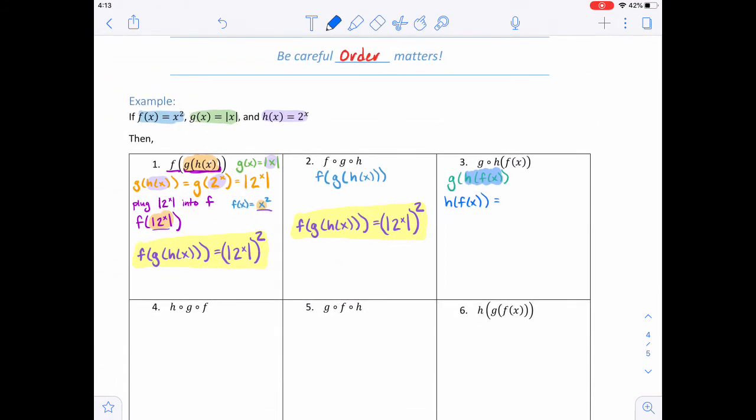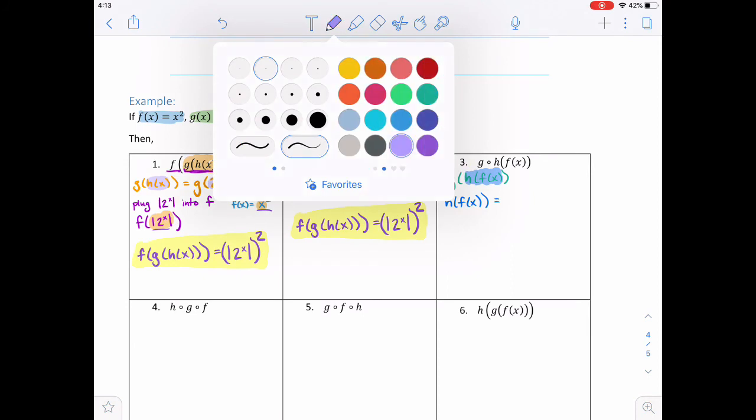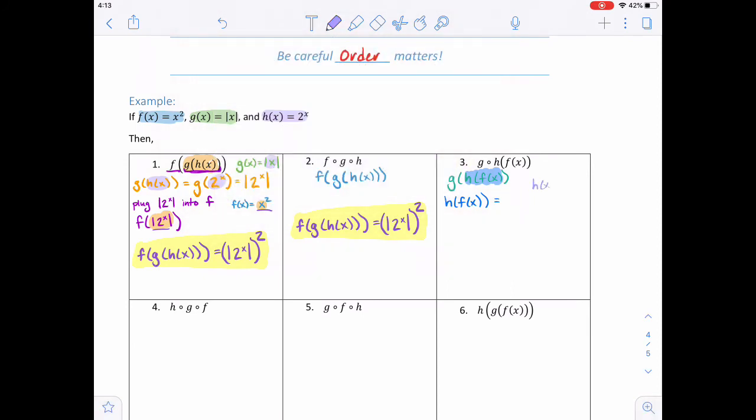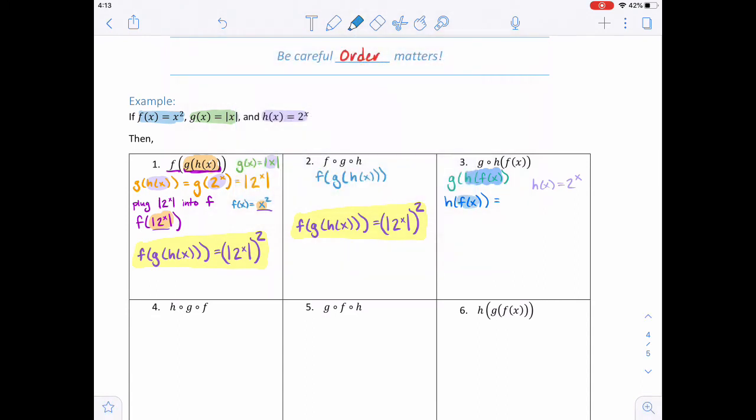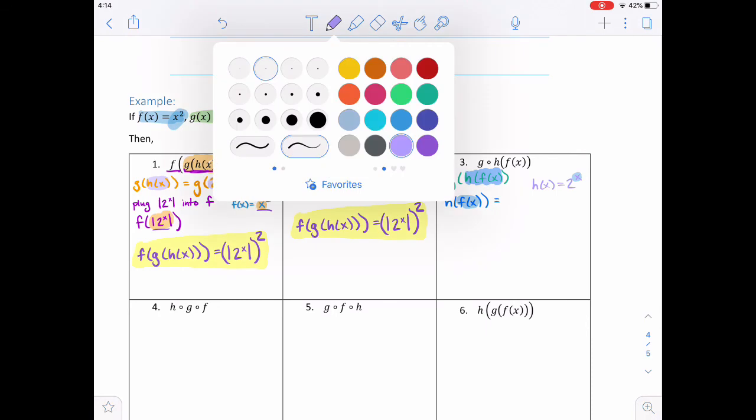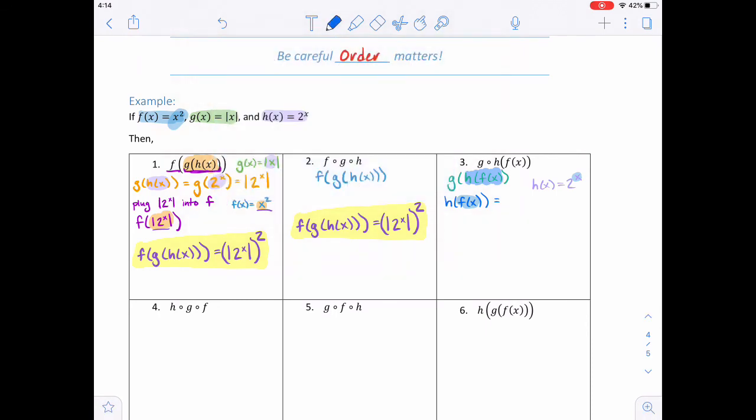Well, h is 2 to the x. And so we're going to plug f of x into that x. And f of x is x squared, right? Because it says it up here. So instead of x, I'm going to have x squared. So that means this is 2 to the x squared. So that's h of f of x.